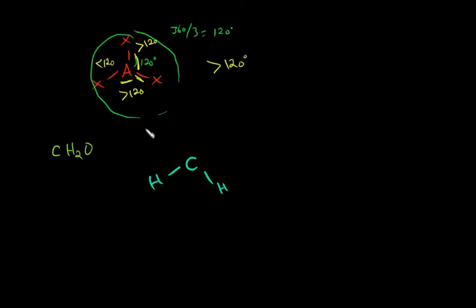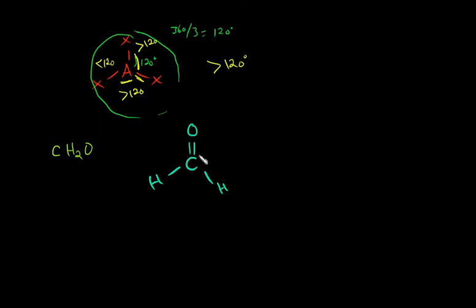And another thing, because oxygen needs to form two bonds to be more stable, we will make a double bond with oxygen, and also carbon needs a double bond. So this will be the shape.